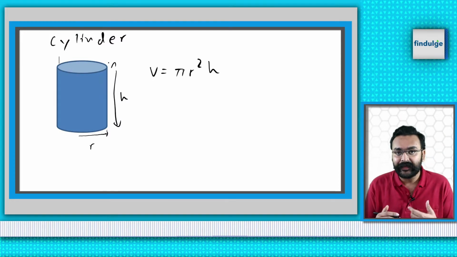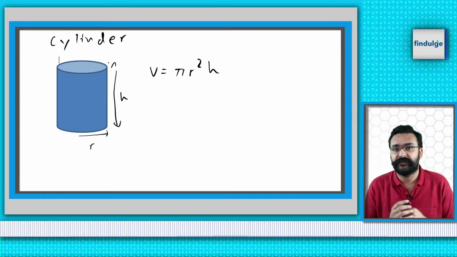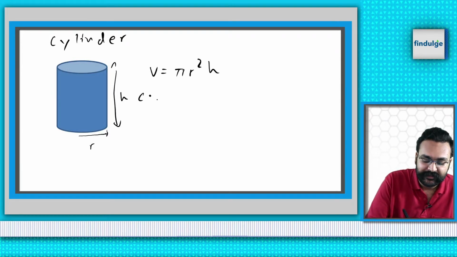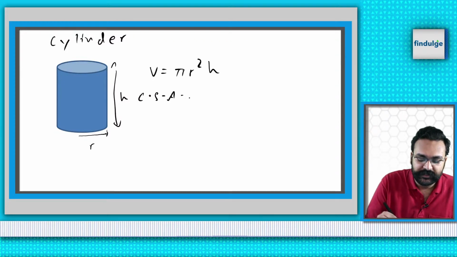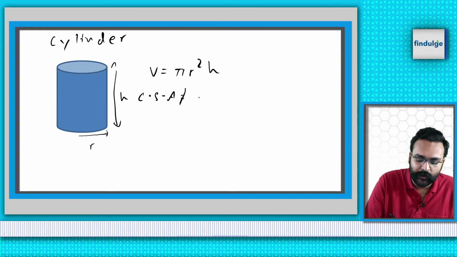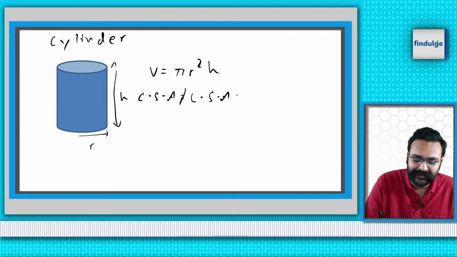Now, unlike the previous three figures, we will define two types of surface areas for the cylinder. Starting with CSA, which is known as the curved surface area. Sometimes it's also known as the LSA, or the lateral surface area.